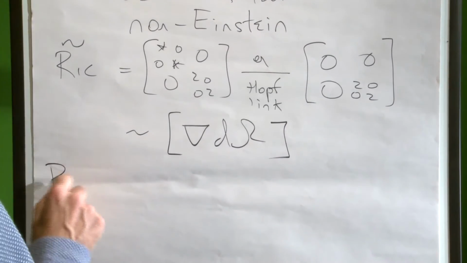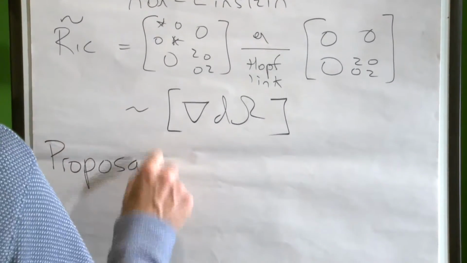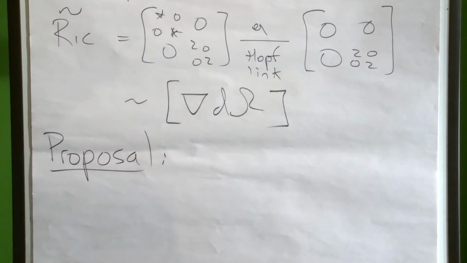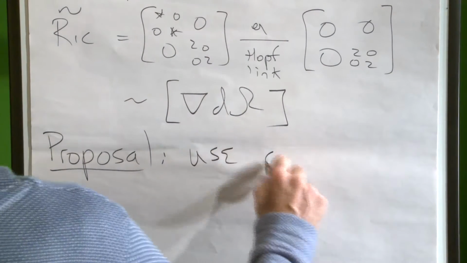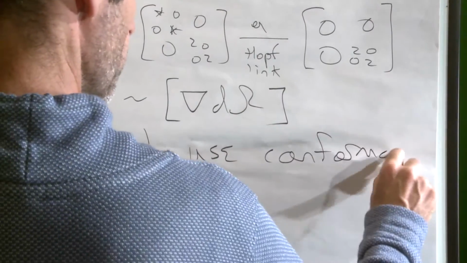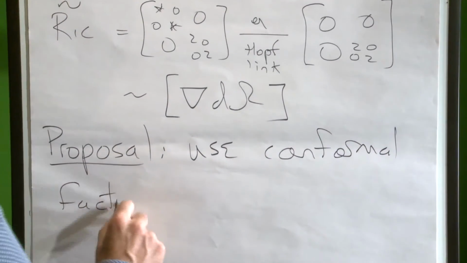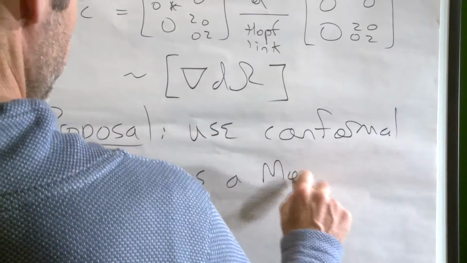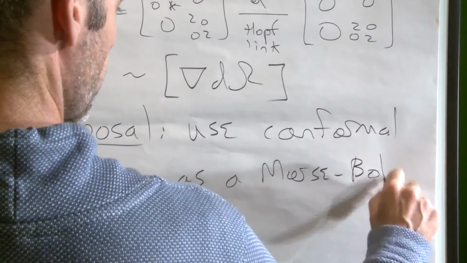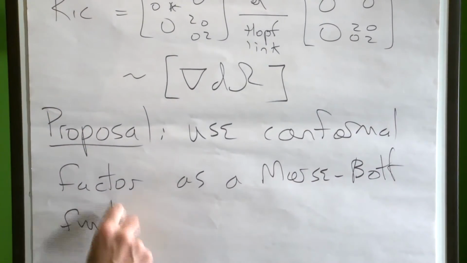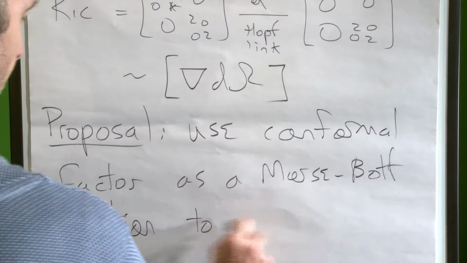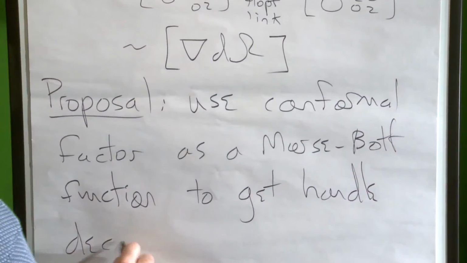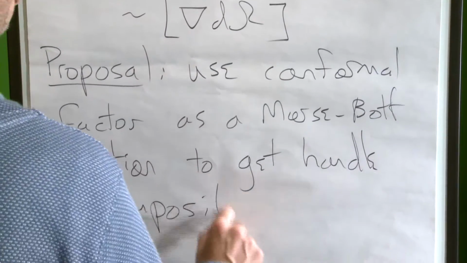So now the proposal, which is summarized a little bit at the end of the paper, is to use the conformal factor of this neutral conformal compactification as a Morse-Bott function to get a handle decomposition of your manifold.